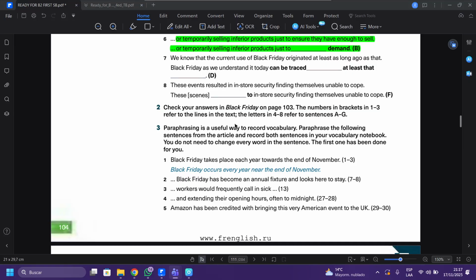This preposition in. The verb here is resulted in, resultó en. Whenever you say that something resulted, you always have to use the preposition in.